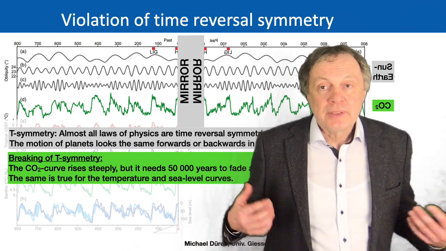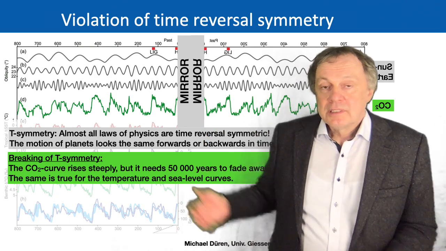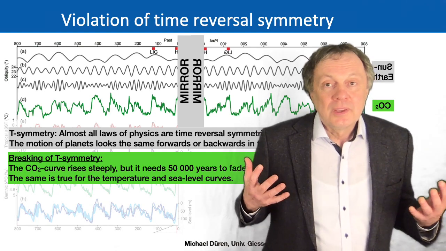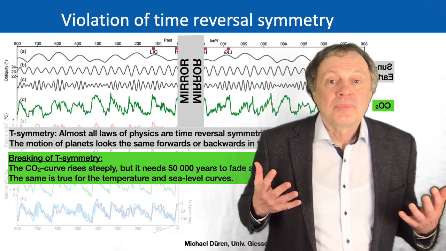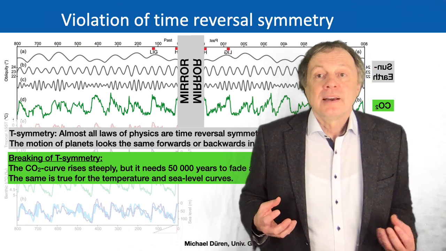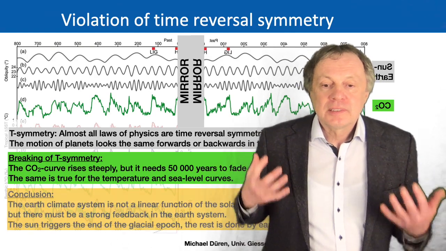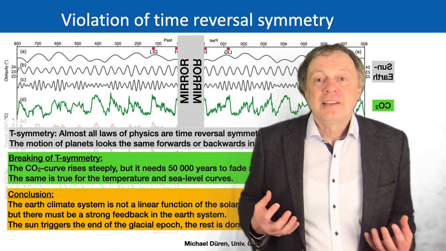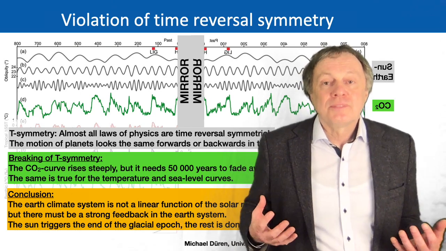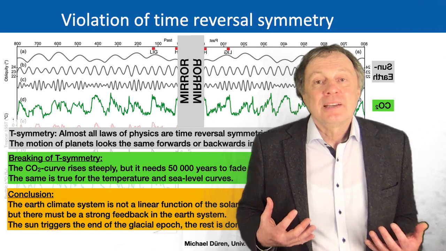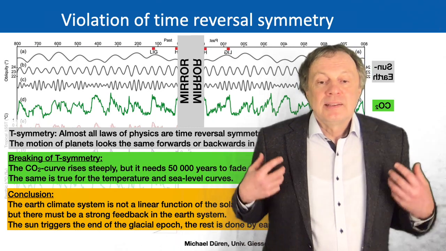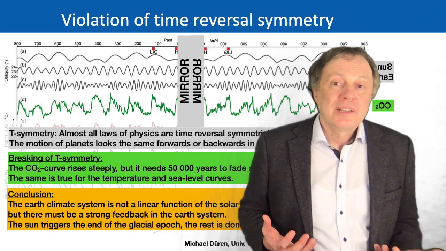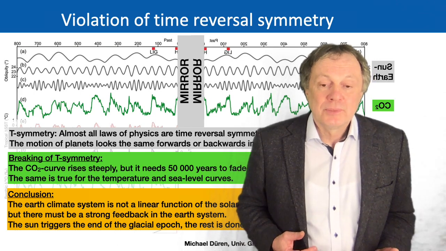Well, the conclusion, if you think about it, is that because all these systems are classical systems and there's no inherent time asymmetry in these laws of physics, the only way to understand it is that the Earth system must be strongly nonlinear, so it's not a linear function of the solar system, otherwise it would have to be time symmetric. And the only way it is nonlinear is because there must be very strong feedbacks in the climate system, otherwise you would not get this strong breaking of symmetry.